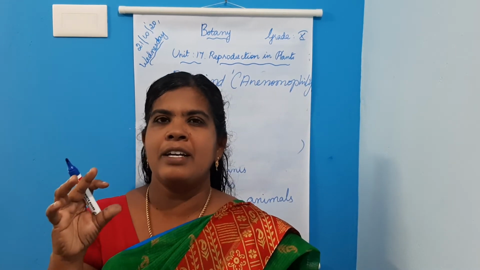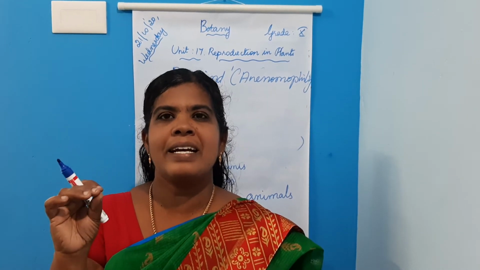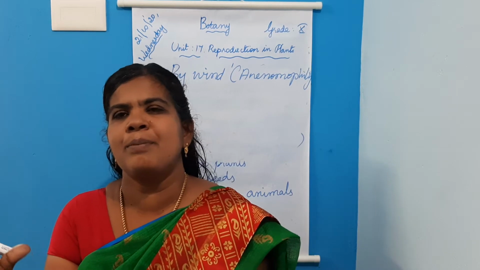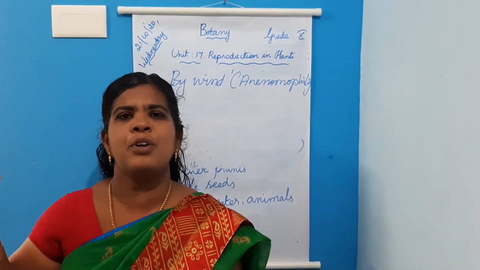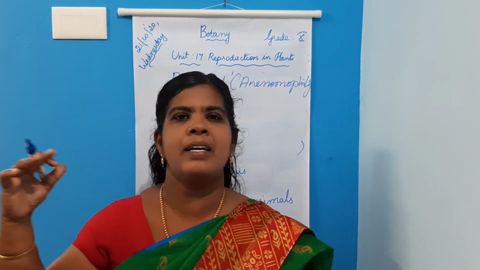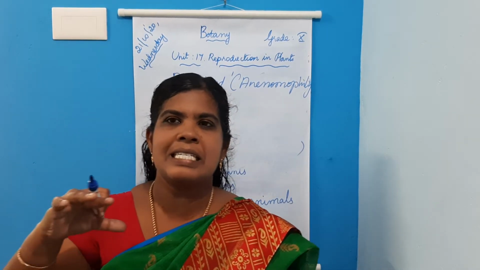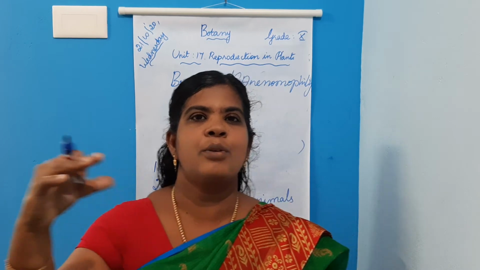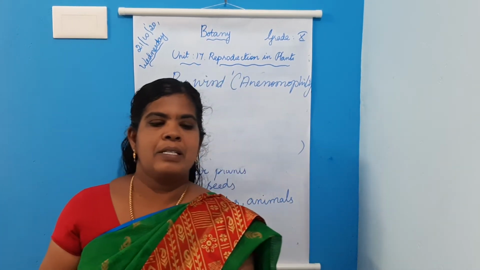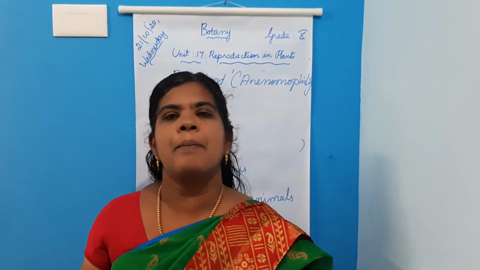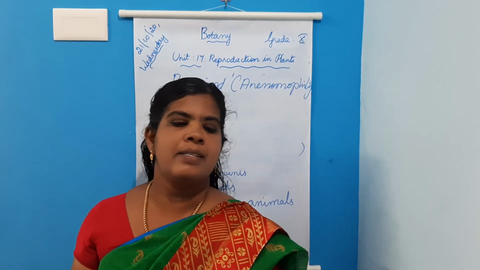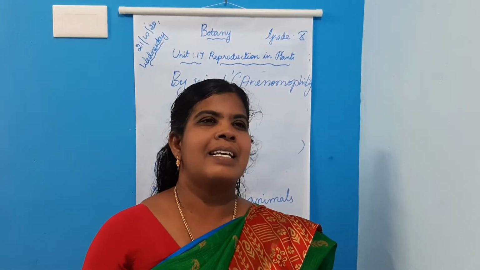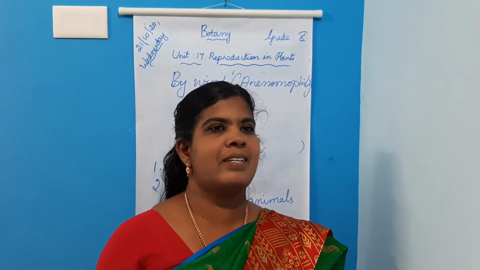The pollen grains are small, dry, smooth and lightweight. Because of these characteristic features, they can be easily blown away by wind and carried to other flowers. These pollen grains then land on a stigma. Stigmas are comparatively large and hairy to trap the pollen grains. Examples: grasses, cacti, etc.